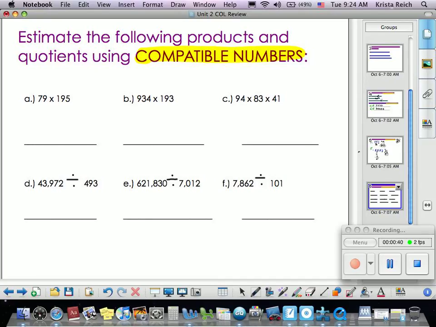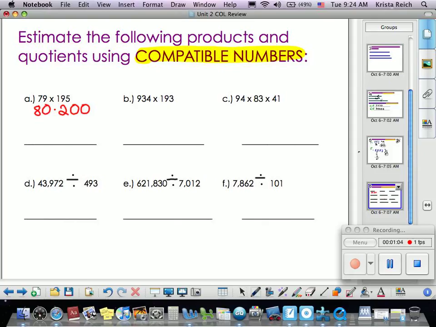The whole point of estimation is to be quick and efficient and to use numbers that we can use mental math with. So with 79 times 195, I'm going to round these to two numbers that I can multiply easily. I'm going to round the 79 to 80 and the 195 to 200.